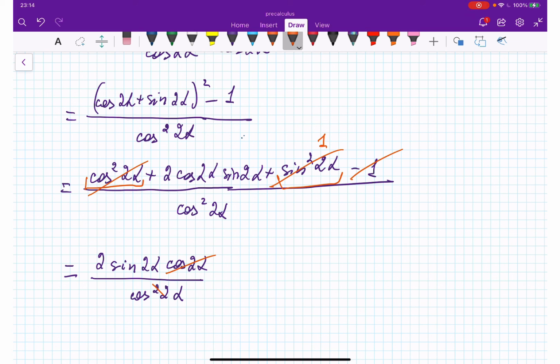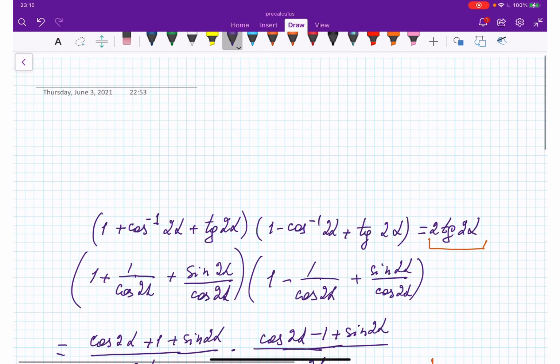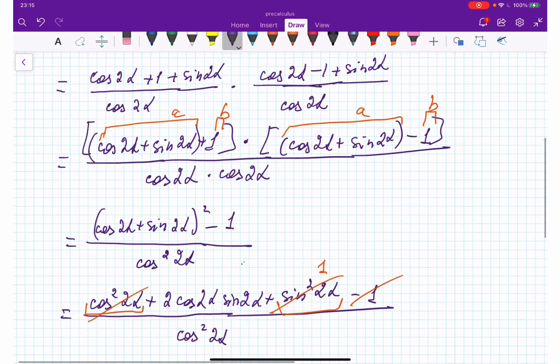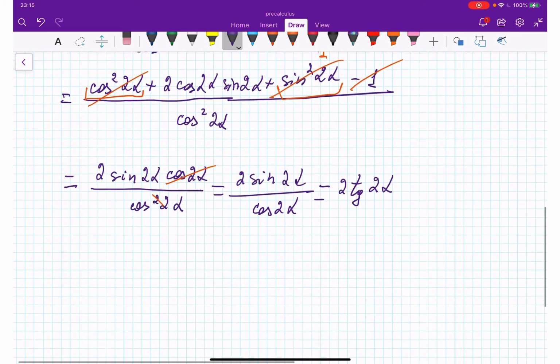And as a result, I will have 2 sine alpha over cosine alpha, which is going to be equal to twice tangent alpha. Okay, which we had to prove. Here you have. Okie dokie. See you in next video.